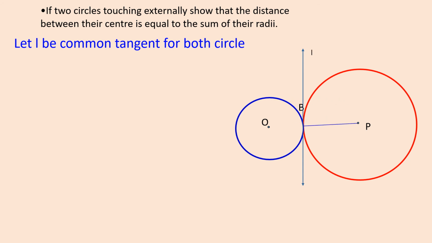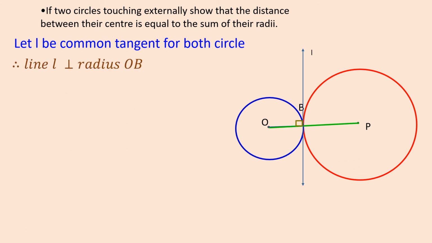We have OB and PB as radii. OB is the radius of the smaller circle. The same we have shaded in the bigger circle. So segment PB is a radius for the bigger circle.